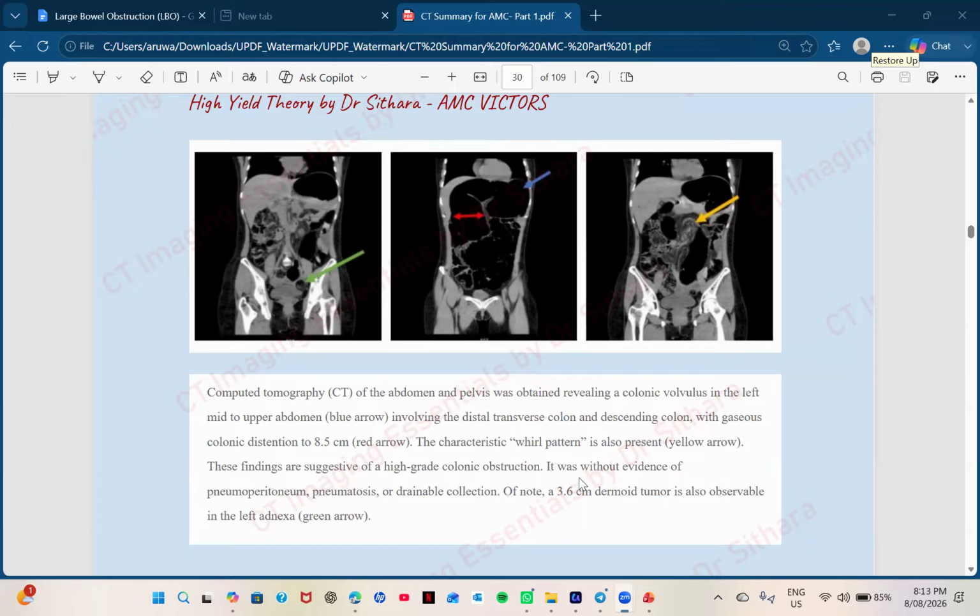Then there is a characteristic whirl pattern, which you can see at the yellow arrow. So why is it a whirl pattern? Why can you see this whirl pattern? What is this whirl pattern? That day I explained what this whirl pattern is.